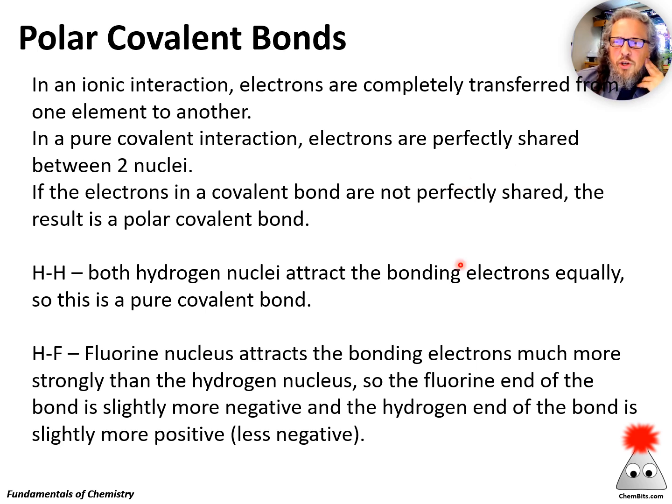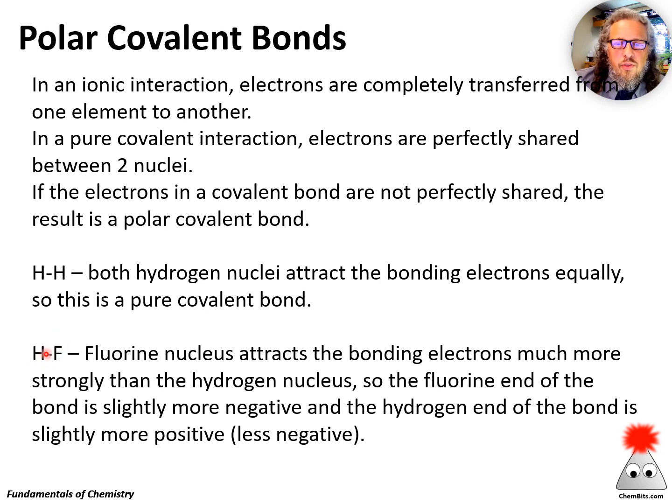So we're looking at something like hydrogen-hydrogen, again, both of those hydrogens attract the electrons the same amount, so this should be purely covalent. But if we look at something like HF, fluorine has a very, very strong attraction for electrons.